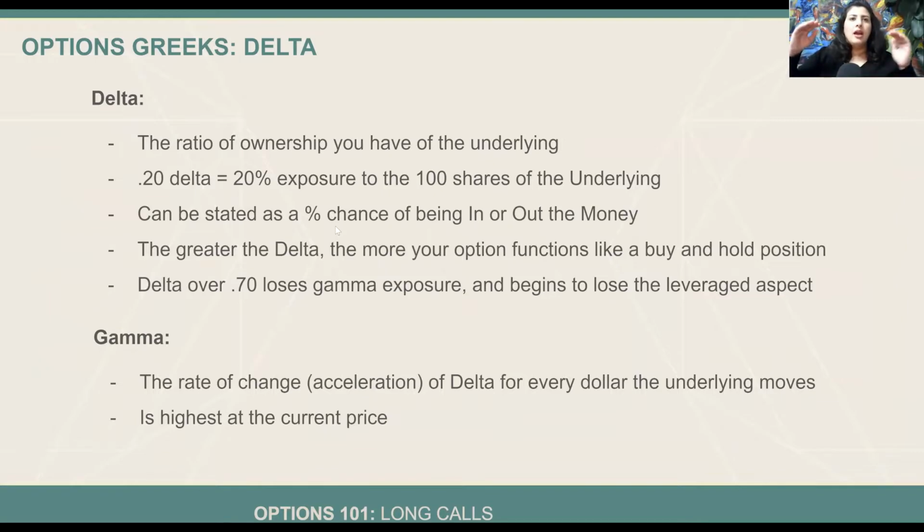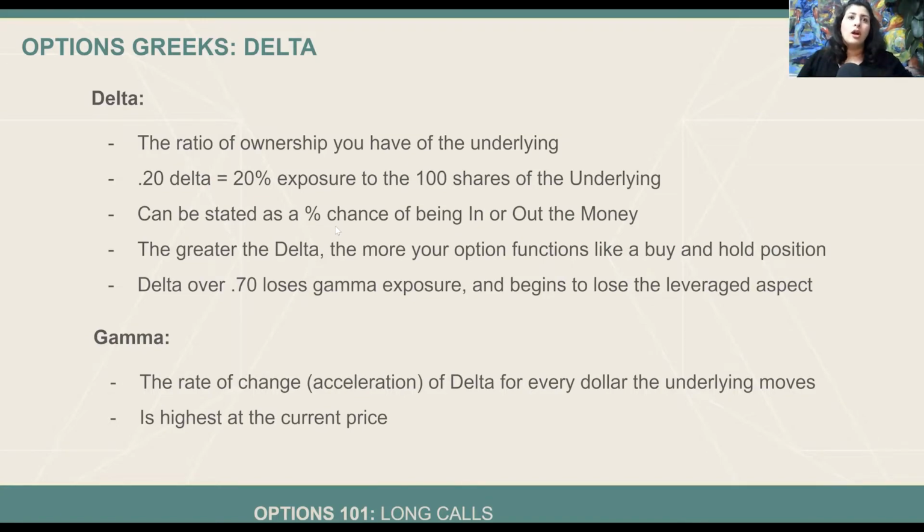So as the underlying increases in value by $1, then you get not only delta, but delta plus gamma. So then when there's the next dollar move, you have that combination of the new delta plus the gamma of that new strike.